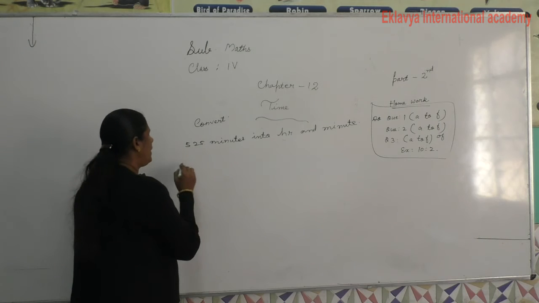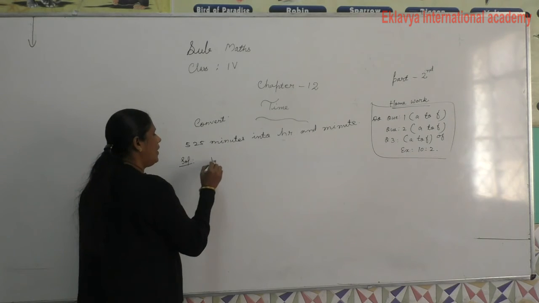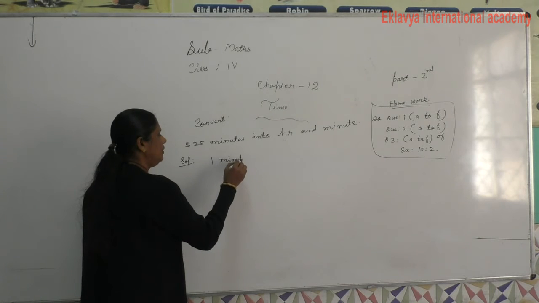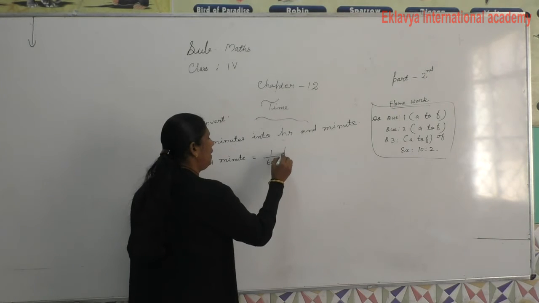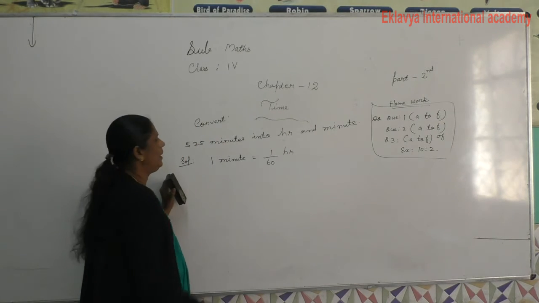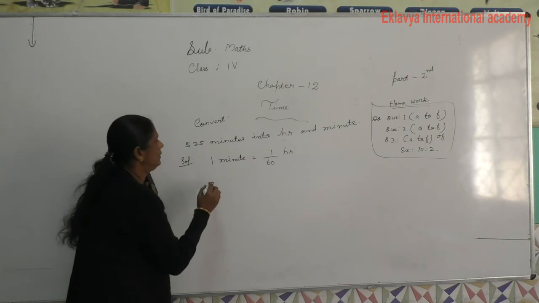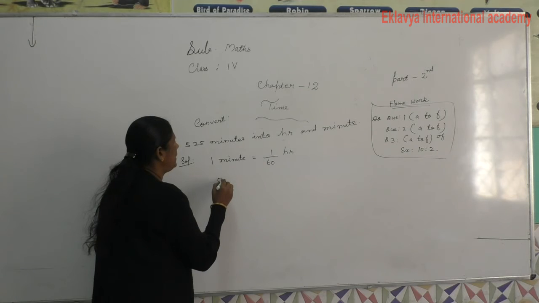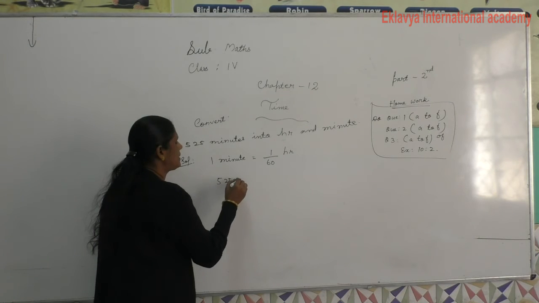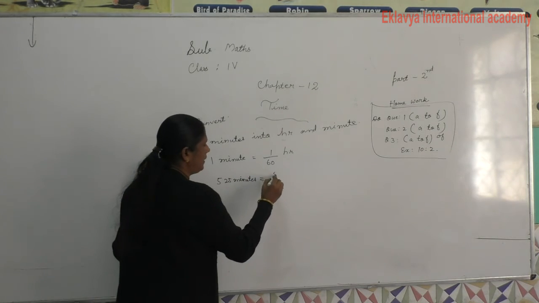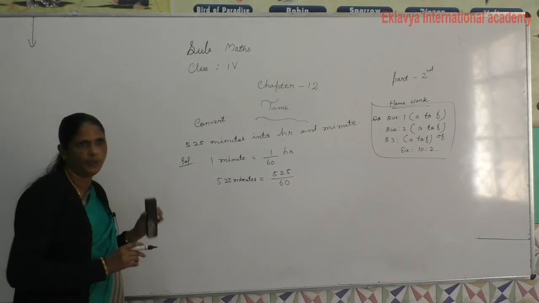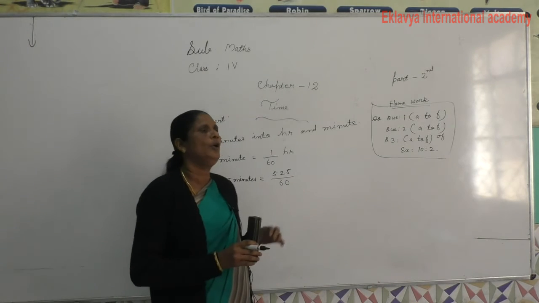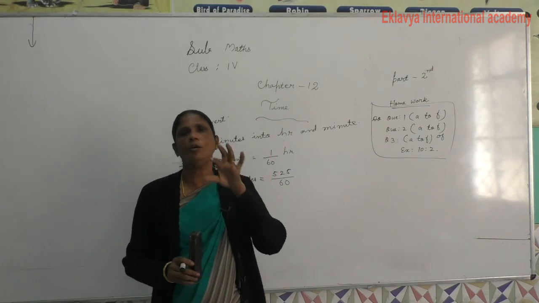You write the solution: 1 minute is equal to 1 upon 60 hour. Therefore, 525 minutes is equal to 525 divided by 60. Do you know the table of 60? No? Then you write the table of 6.